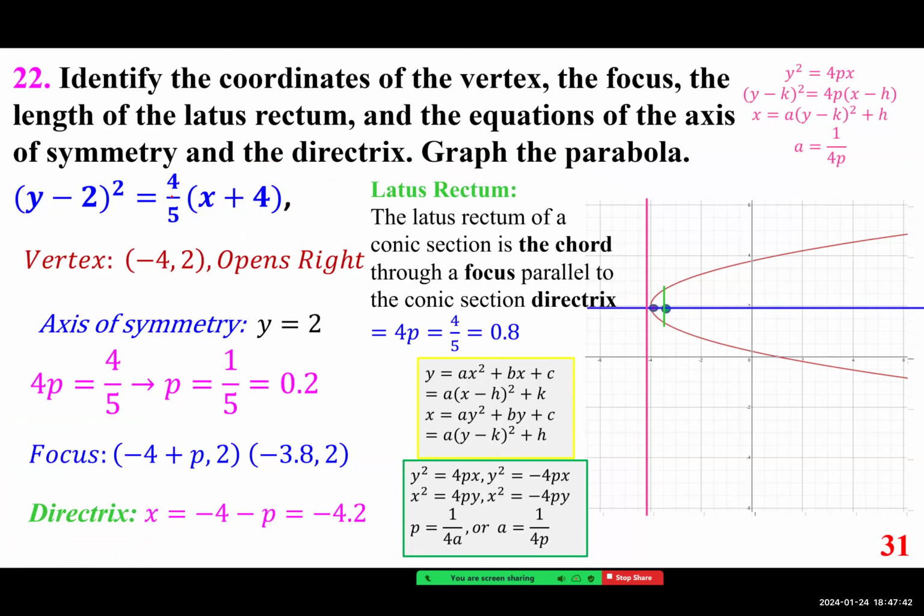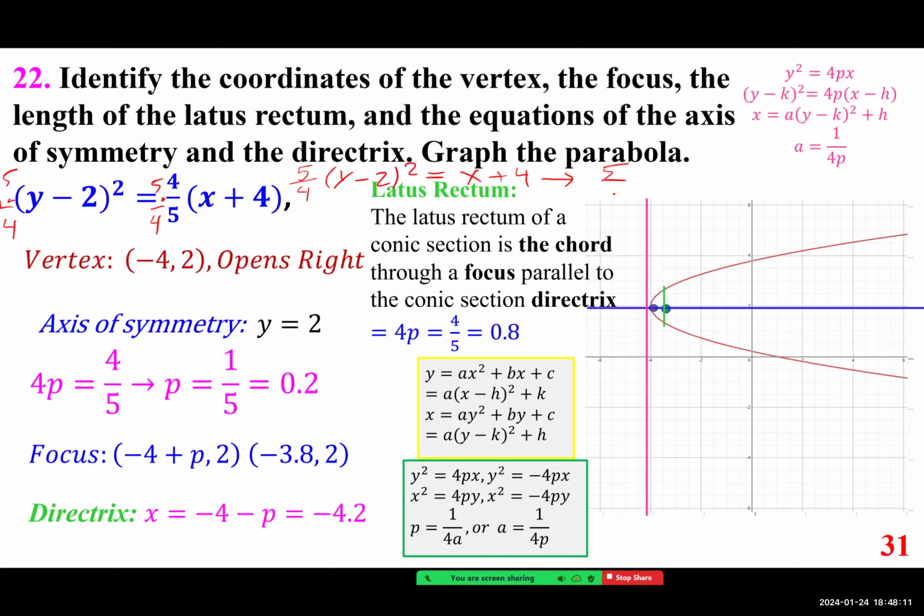If I multiply this one by 5/4 and this one by 5/4, then we get 5/4 times y minus 2 squared equals x plus 4.